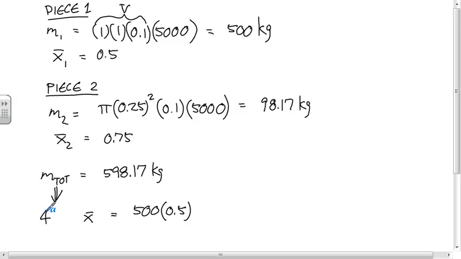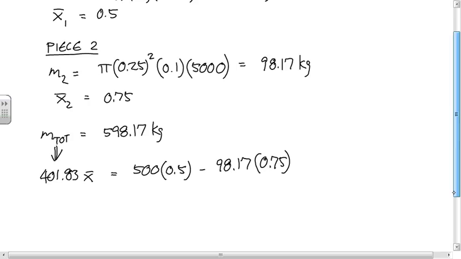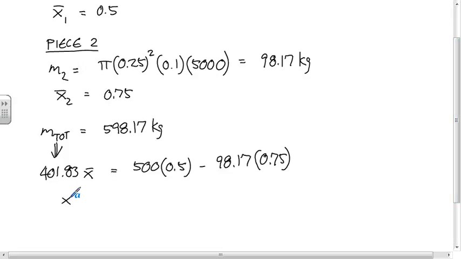So 401.83 minus 98.17 times 0.75. And you get an x location for the centroid that's equal to negative 0.061.